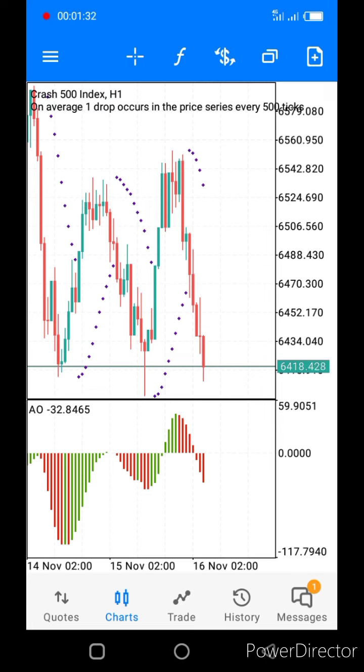It depends on what you want and your equity. So I will continue here on 1 hour time frame as usual and 5 minutes time frame.